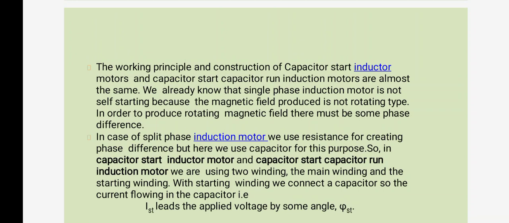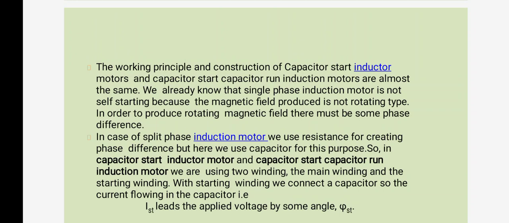We already know that the single phase induction motor is not self starting because the magnetic field produced is not rotating type. In order to produce a rotating magnetic field, there must be some phase difference. In the split phase induction motor, we use resistance for creating the phase difference, but here we are using capacitance for this purpose. In the capacitor start and capacitor start capacitor run induction motors, we are using two windings, the main winding and the starting winding.